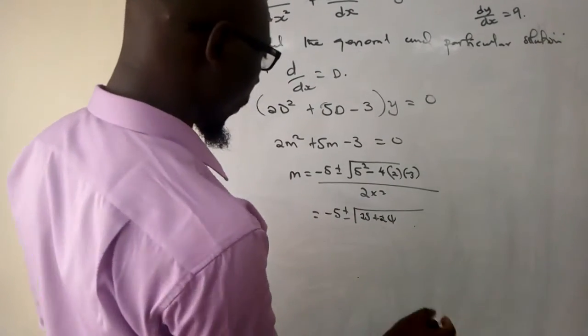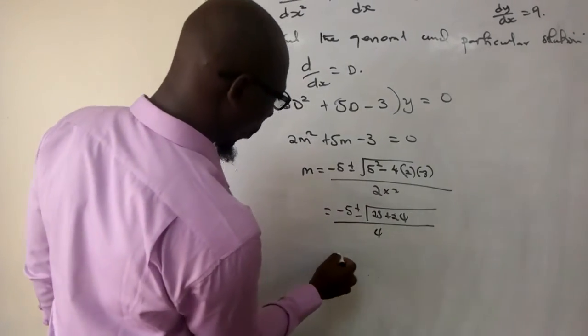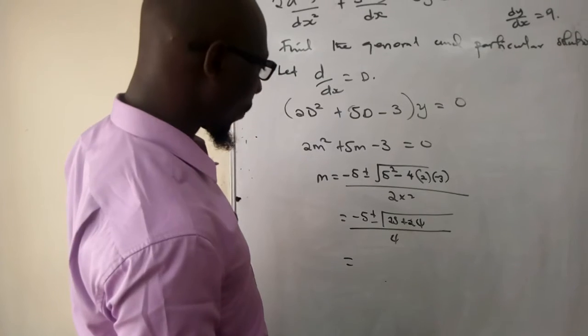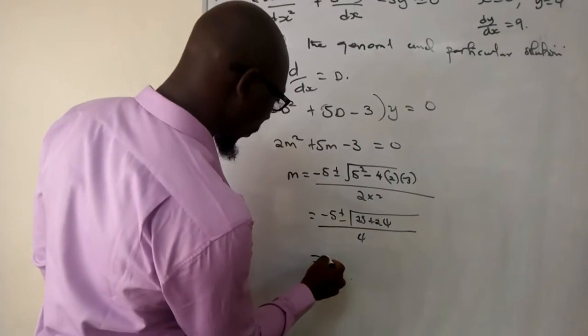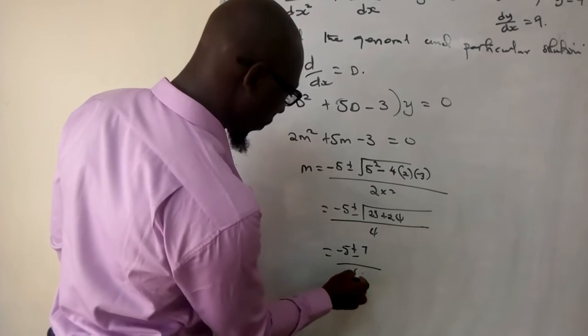Making it positive, everything divided by 4. So the content of the bracket is 49. The root of 49 is 7. So we have got minus 5 plus or minus 7 over 4.